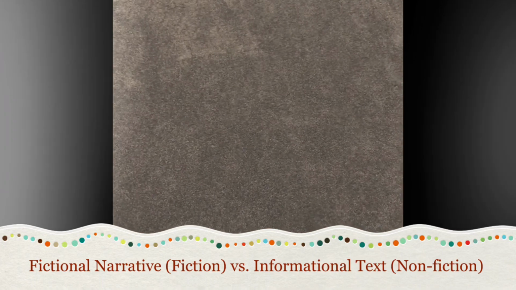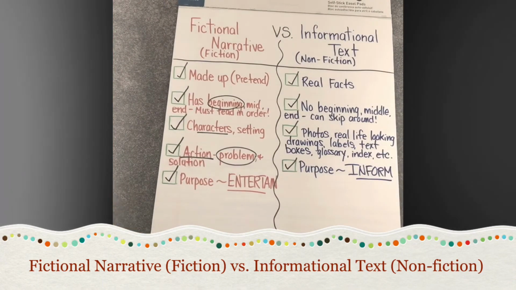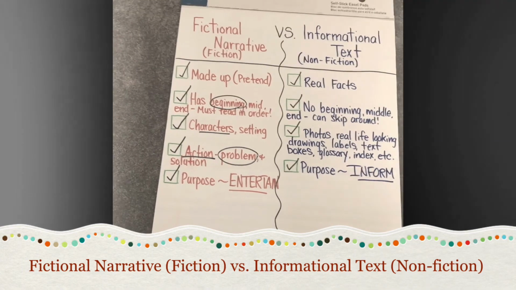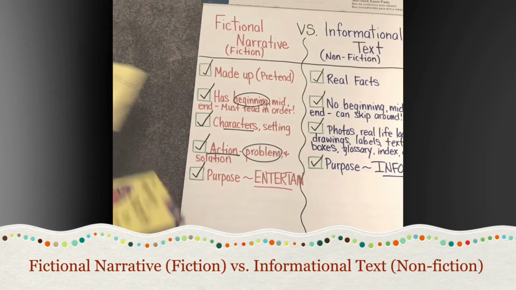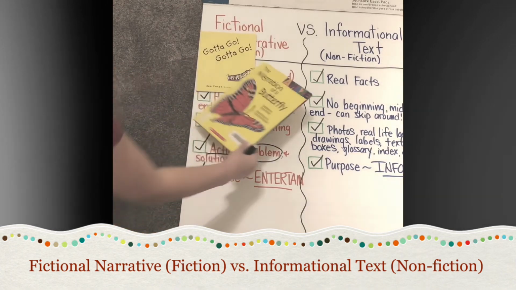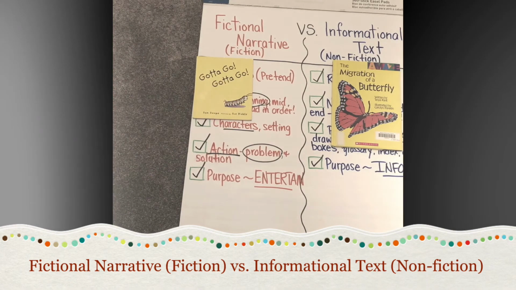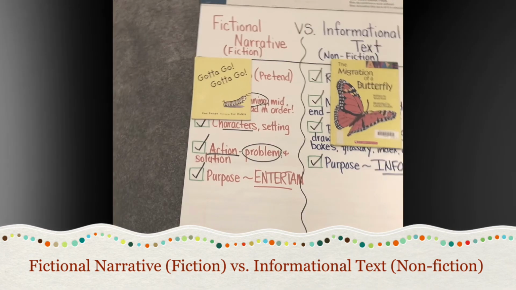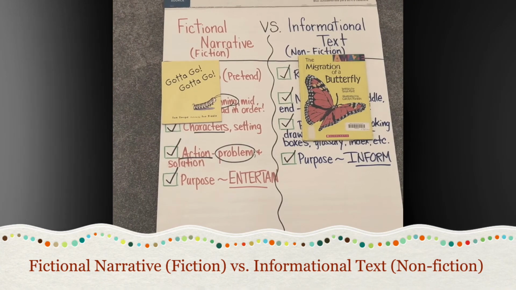I'm thinking that one of our texts is a fictional story about a character going to Mexico. And I'm thinking that our other story, or our other text, is a nonfiction text, giving us facts about butterflies. Yeah, that is so super cool.